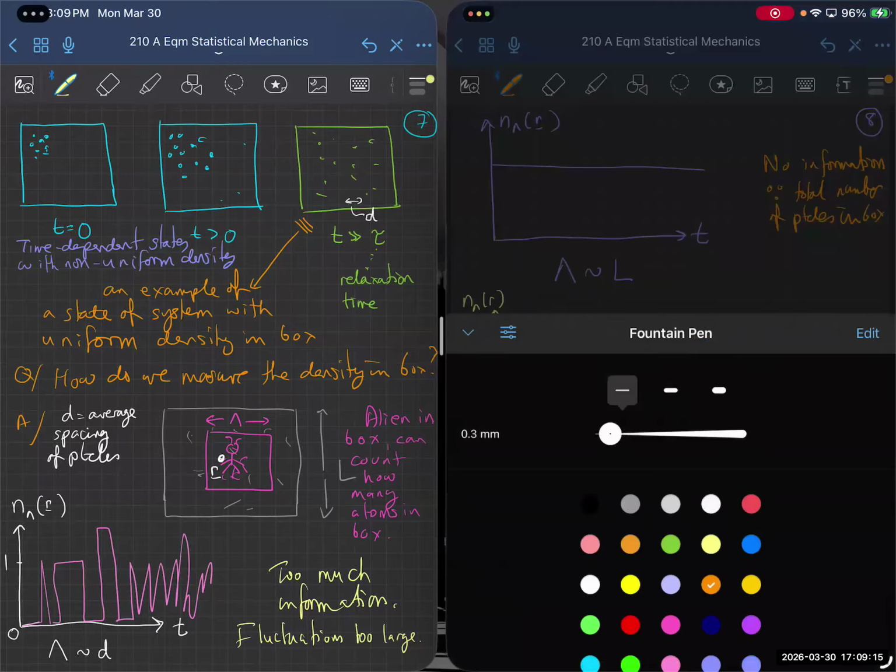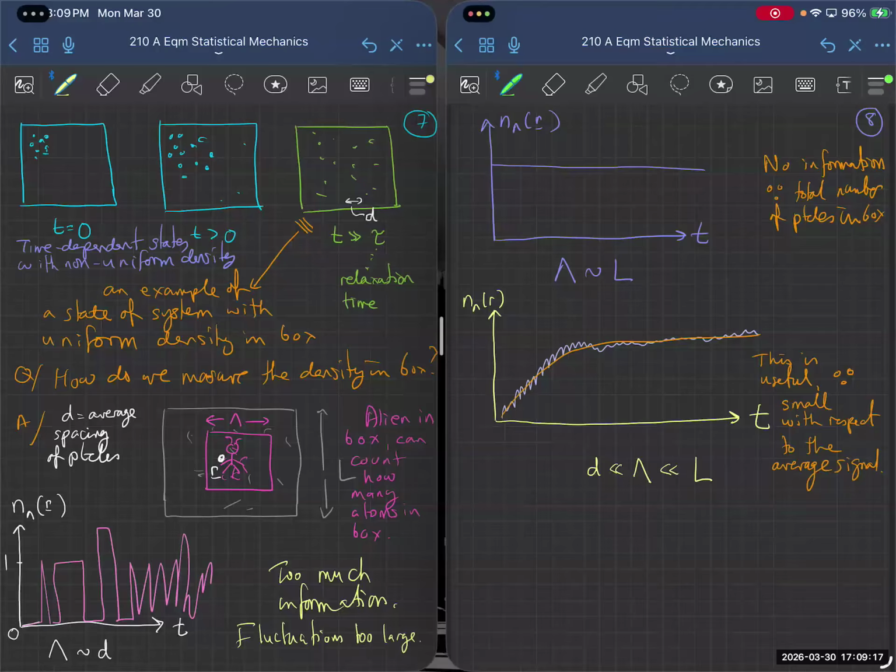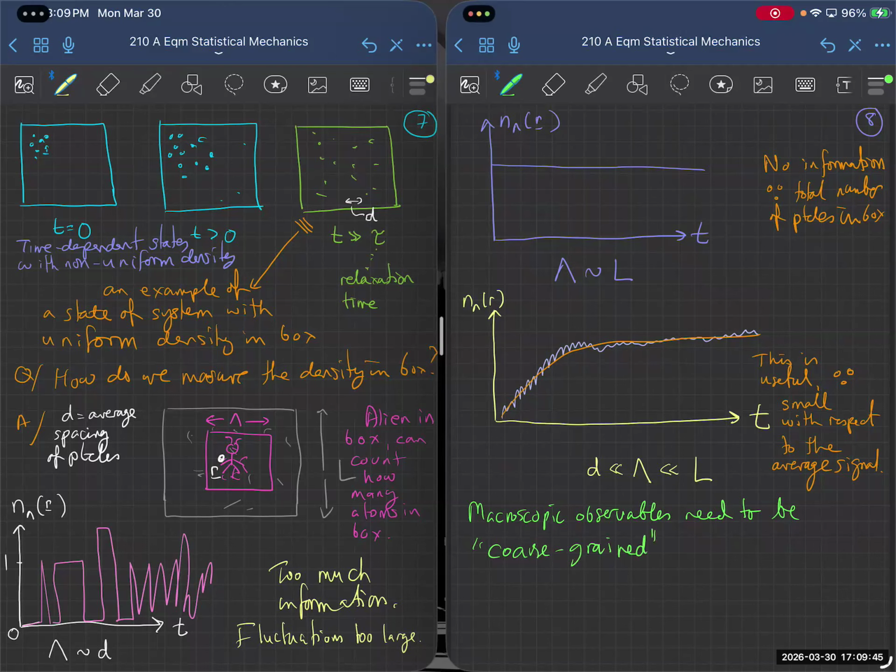So when we talk about macroscopic observables, now going back to the question somebody asked me about how do we know when we're in equilibrium and what does it mean? The answer is we choose a macroscopic observable that needs to be coarse-grained, that's the term we use, which means sampled on some intermediate length scale.